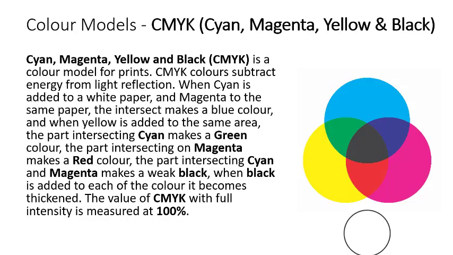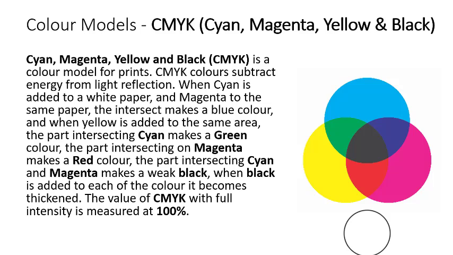Then next is CMYK, cyan, magenta, yellow, and black. CMYK is the color model for print. Just like I said earlier on, CMYK color subtracts energy from light reflection. So unlike RGB, that adds positive energy to darkness, that's to negative energy, cyan rather subtracts energy from light reflection.